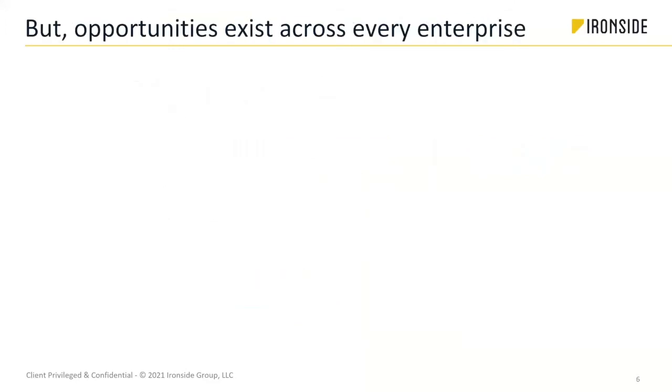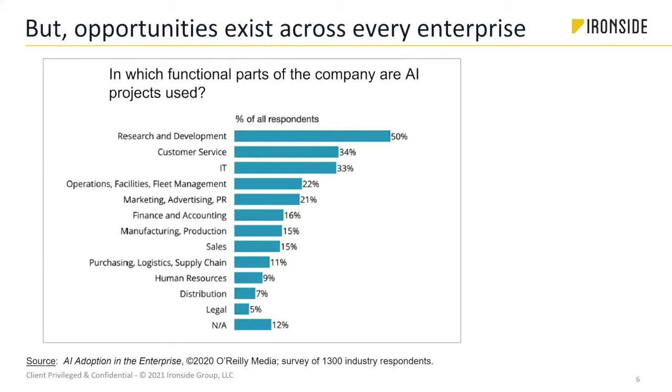But interestingly, the same study showed that opportunities exist across every enterprise and every part of the enterprise. You see here in which functional parts of the company AI projects are used. And the first one you see in the list, research and development, not surprising that that one is the largest, because particularly in healthcare and science-driven and engineering-driven organizations, there are literal platforms that do modeling using AI for product development purposes, right?